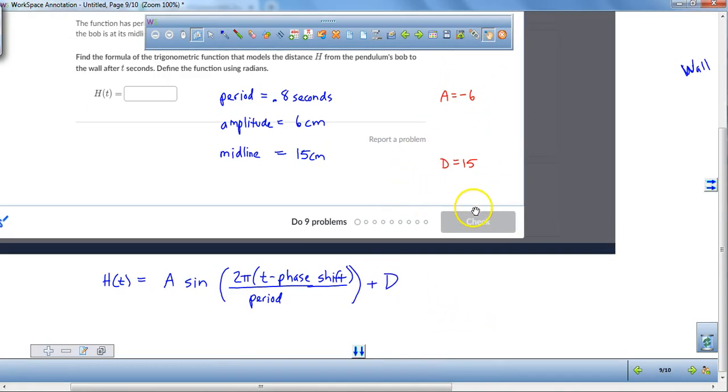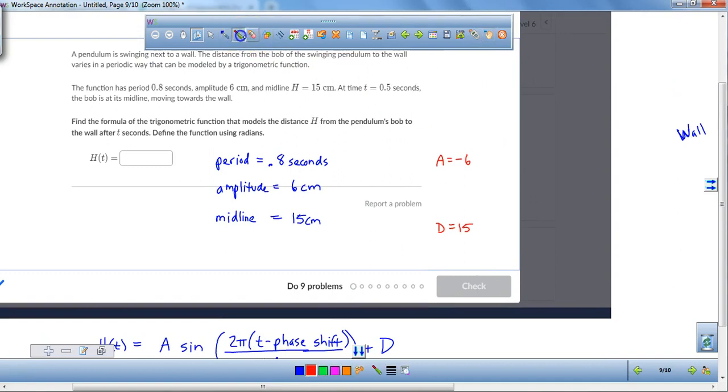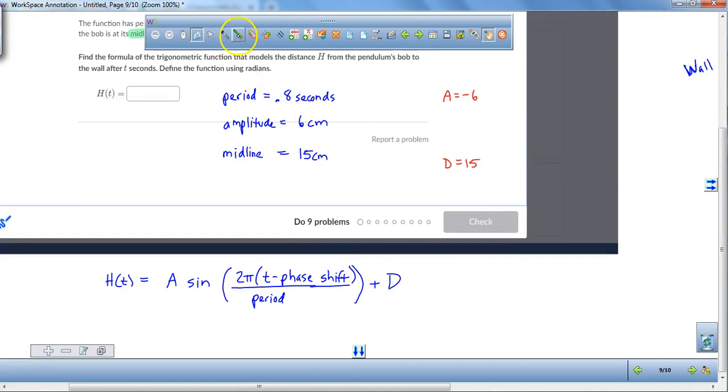All right, so now we're just going to plug in pieces of the information. Now, one thing you need to see right here is the phase shift. So the phase shift is half of a second. Because it's half of a second, it's at its midline. So that's that 0.5. So I'm going to put in a 0.5 right here for the phase shift. The d value, which is 15, I'm going to put right here.